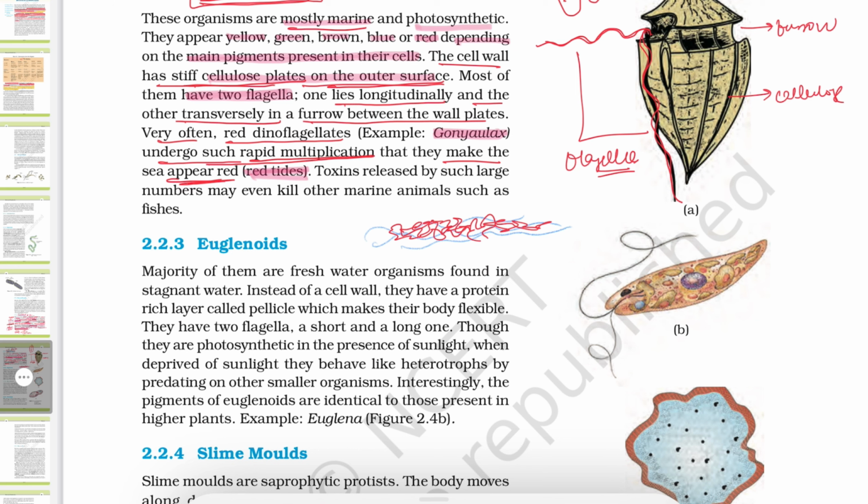Now these dinoflagellates, when they form red tides, release toxins. Toxins released by such large numbers may even kill other marine animals such as fishes.